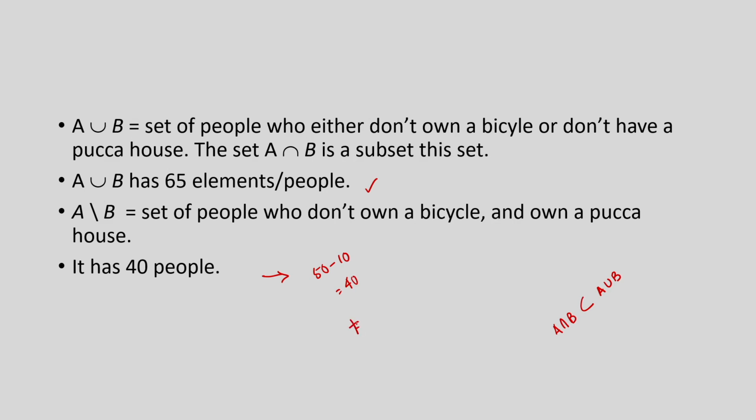So, this is minus A intersection B, because within A there are some elements that are in B also, but if you belong to B, then you do not have a pakka house, and I want people with a pakka house. So, I do not want elements from B, that is why I have deducted this.